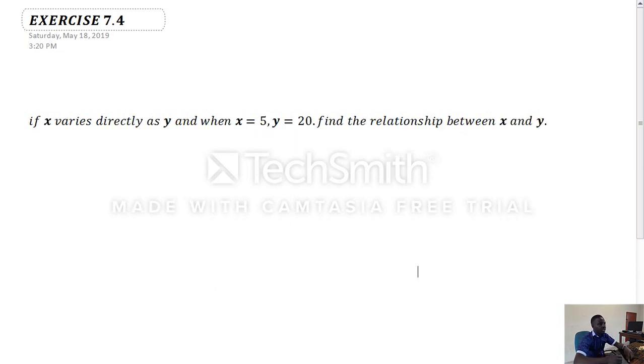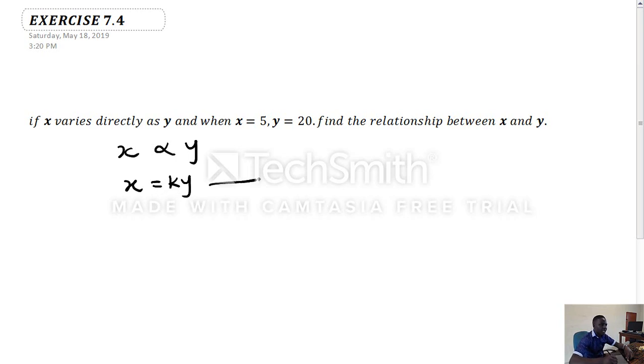Next is if x varies directly as y, and when x is equal to 5, y is equal to 20, we should find the relationship between x and y. So we have it that x varies directly as y, and as an equation we have x is equal to ky.